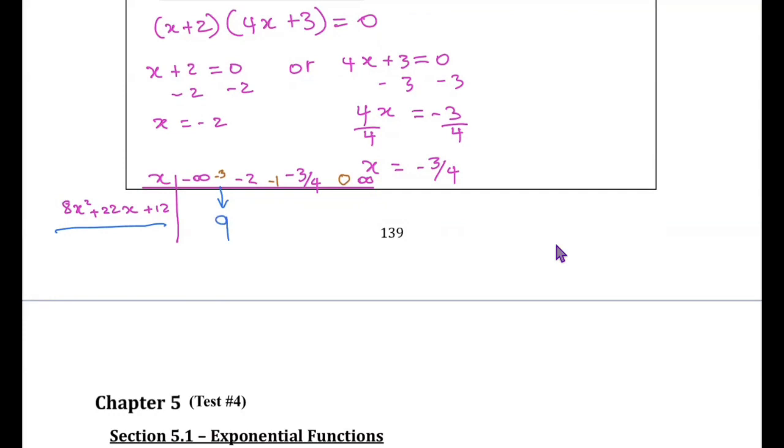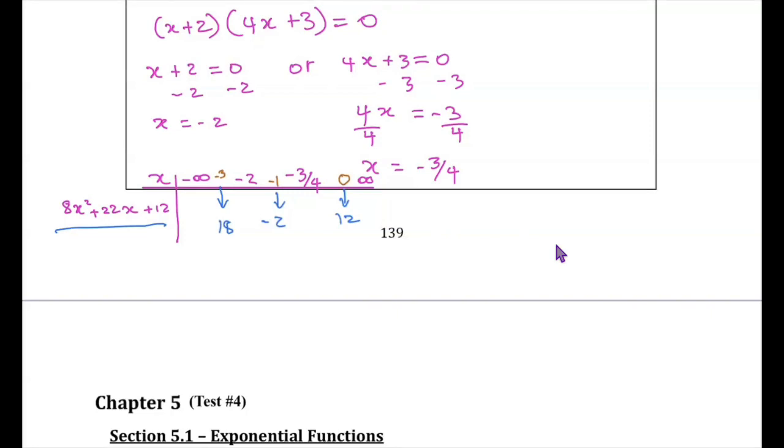Well, maybe it's 18 here. It's 18. When we plug in -1, we get 8 minus 22 plus 12.